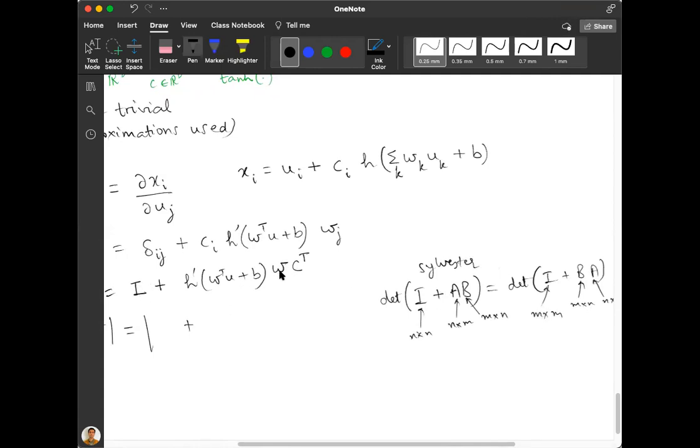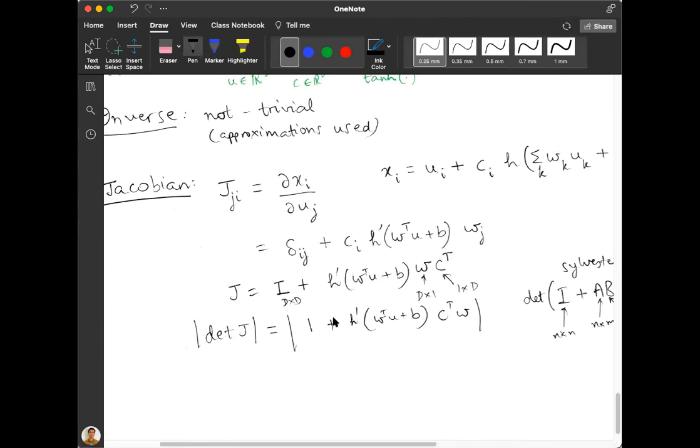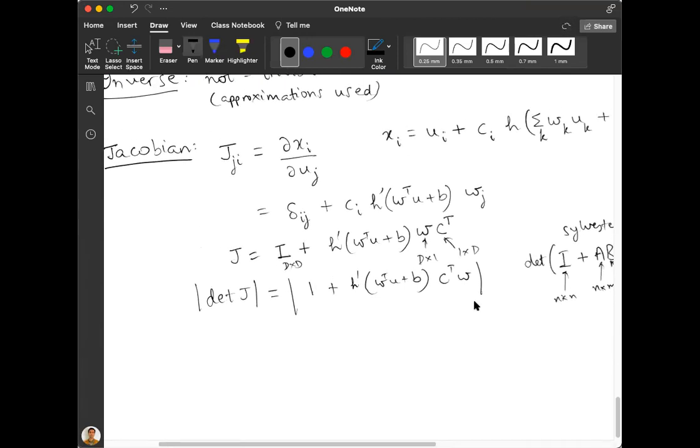So this is d cross 1, and this is 1 cross d, so this is d cross d. But when you do the reverse, then this is 1 plus h dash of w transpose u plus b times c transpose w, which is a scalar now. See, computing this determinant is very easy. c transpose w is a scalar.